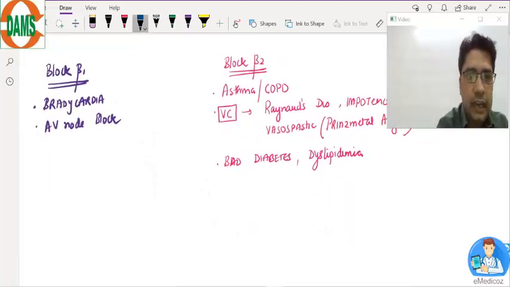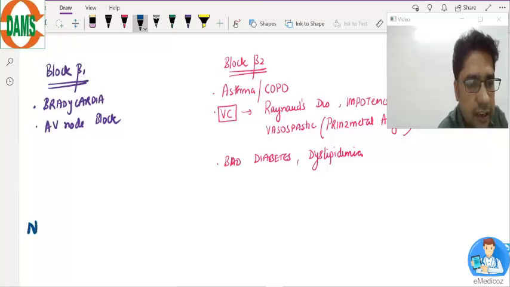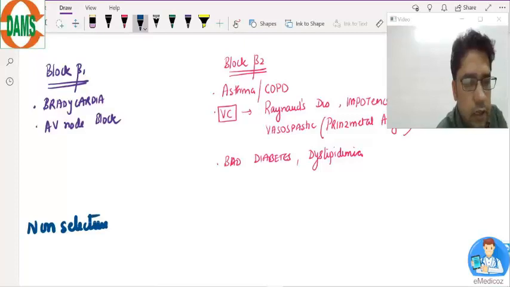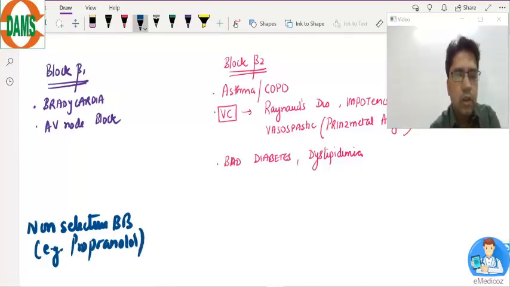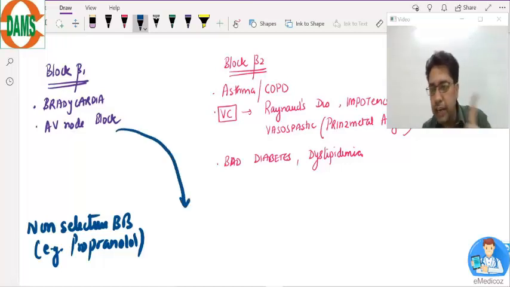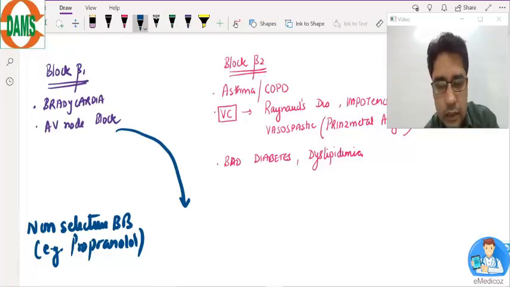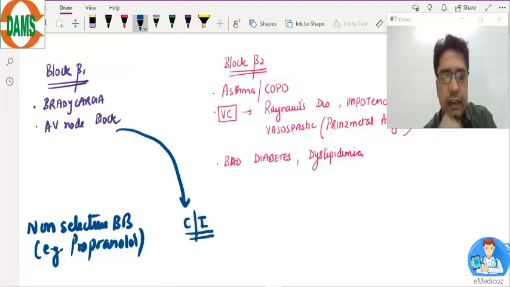You will write that non-selective beta blocker. Below it you will write non-selective beta blocker. I'll write one example, propranolol. If a patient of bradycardia comes to you, would you like to give propranolol to the patient? The answer is they are absolutely contraindicated.